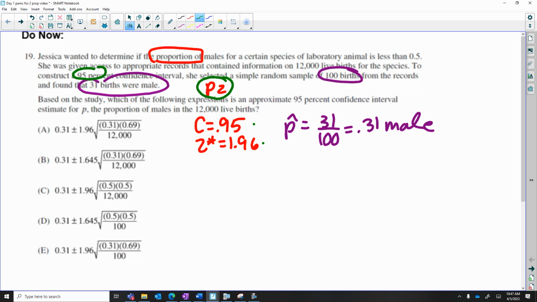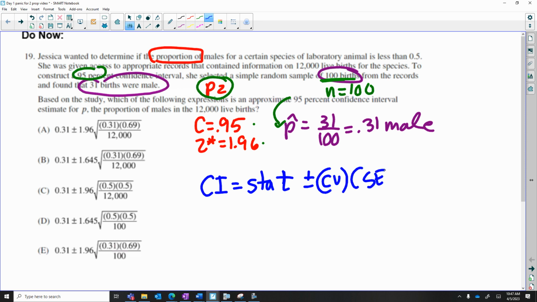I'm also hoping that you read that the sample size N was 100, and the p hat of males is 31 out of 100, which is 0.31. Now let's remind ourselves that the formula in general for any confidence interval is statistic plus or minus critical value times standard deviation or standard error of the statistic. In this case, the statistic is the p hat, the sample proportion.